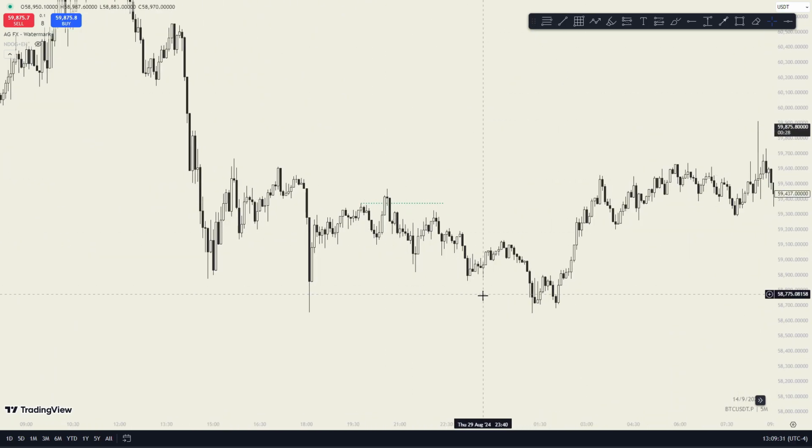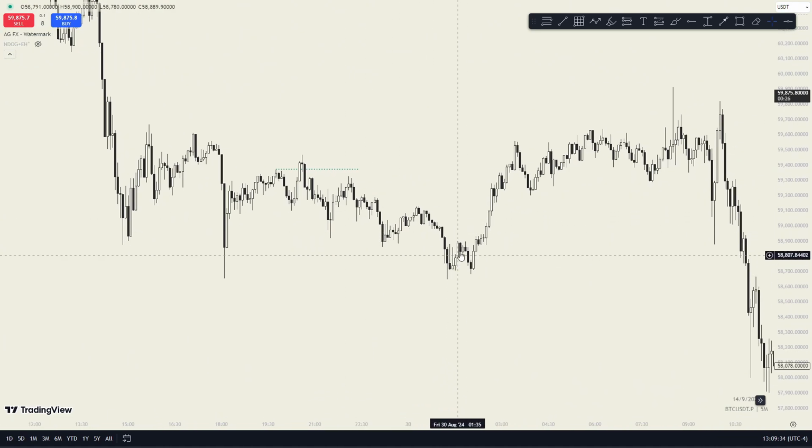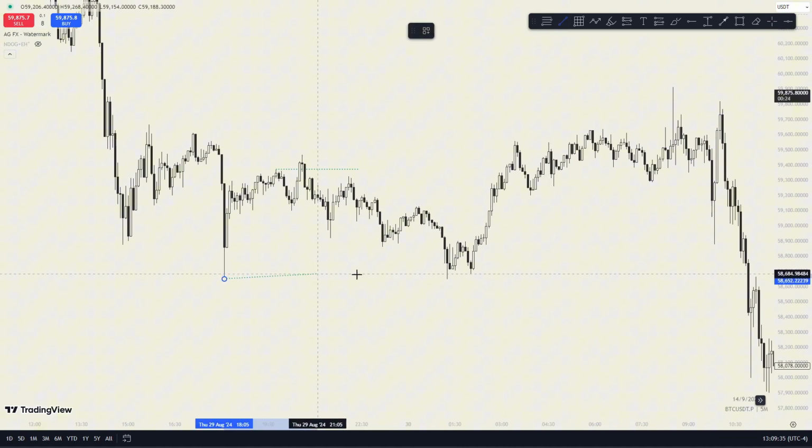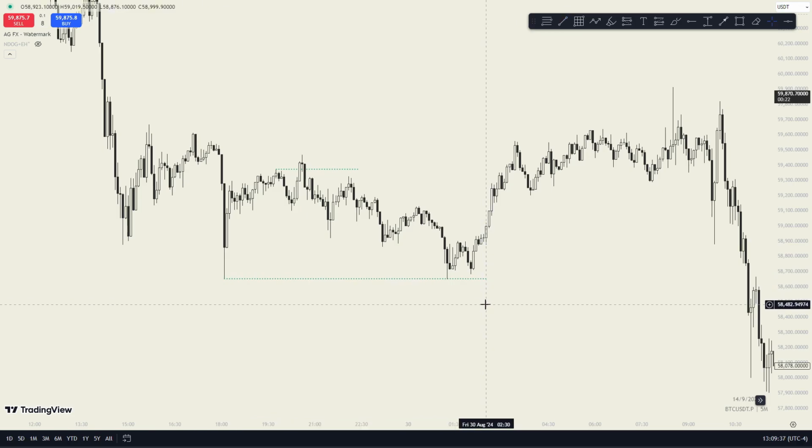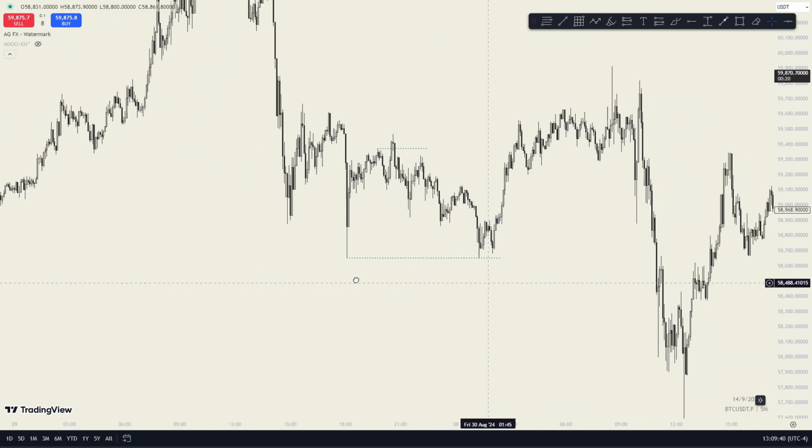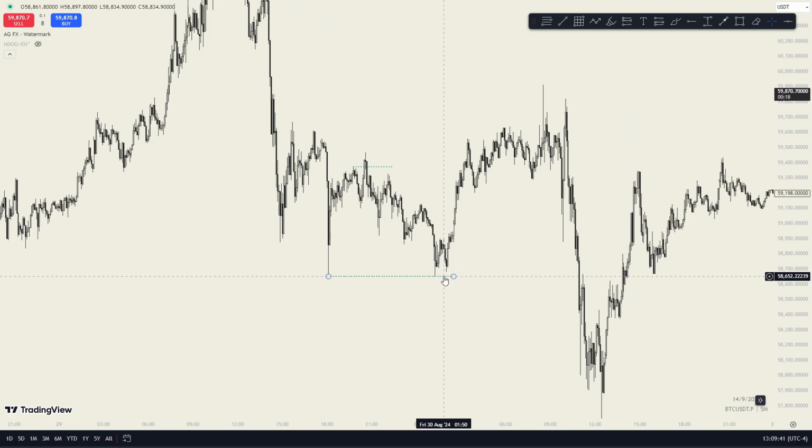So we kept moving lower, and here price just didn't want to take this low. We created equal lows. So equal lows take out a high. So this high got taken. And eventually we went all the way up to here.